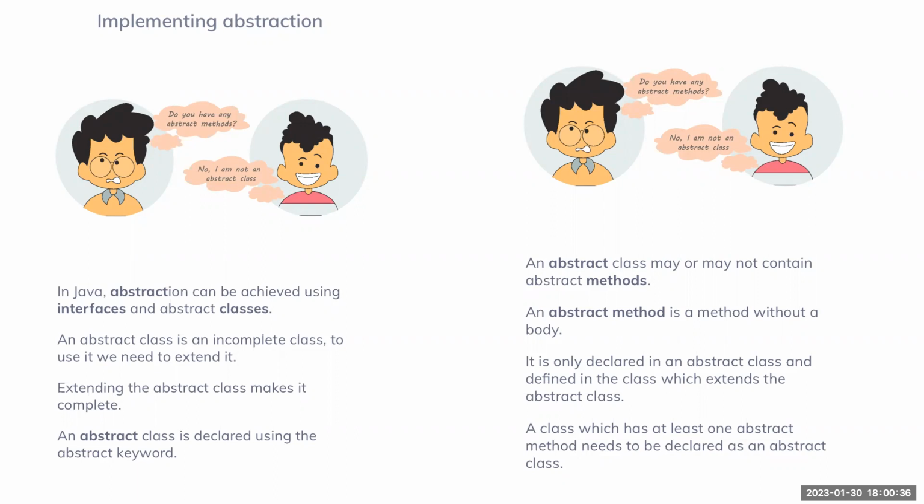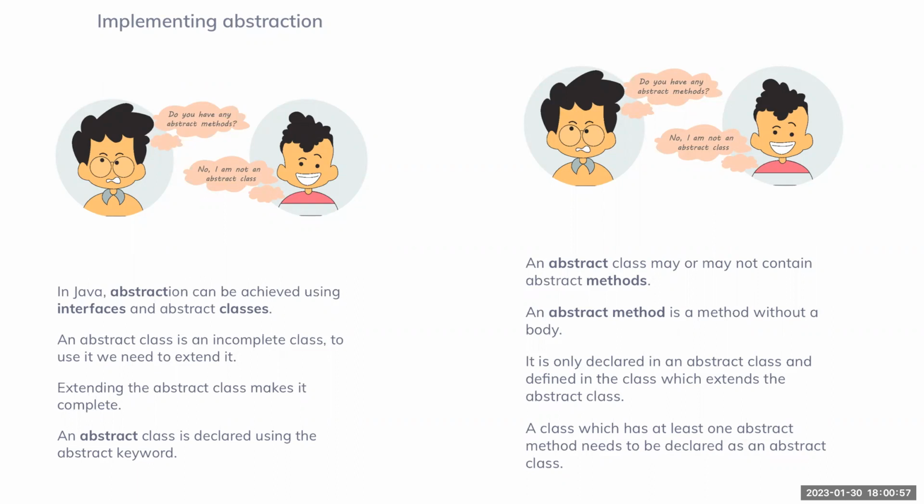That means some of the methods will not have an implementation; they will have only the declaration part in the abstract class. So when you extend that class, you definitely have to implement that abstract method.